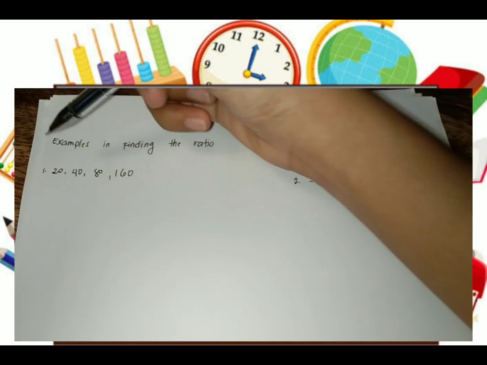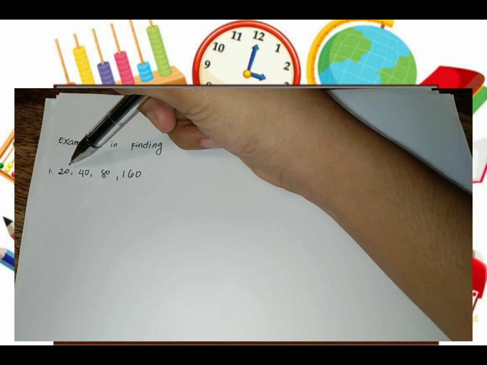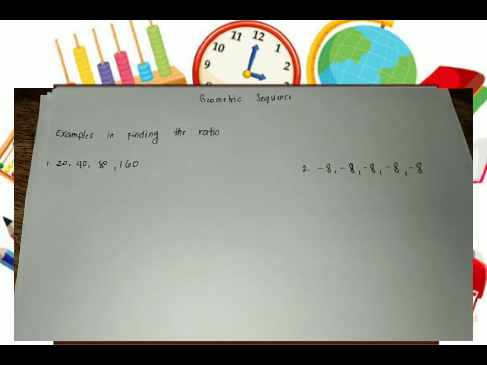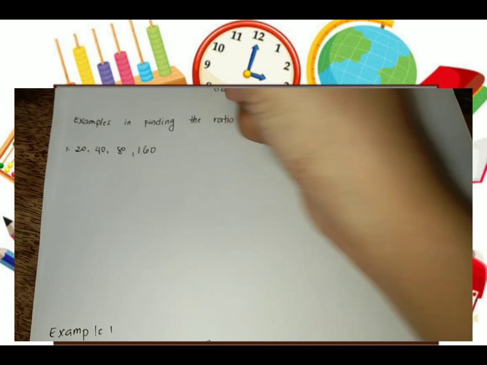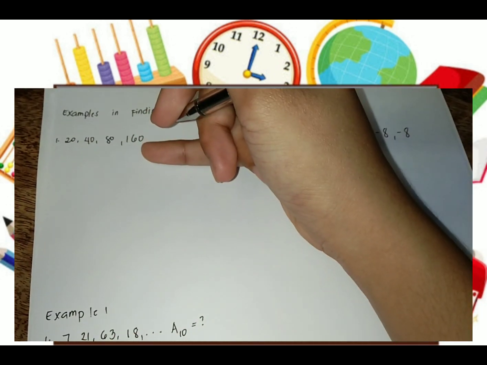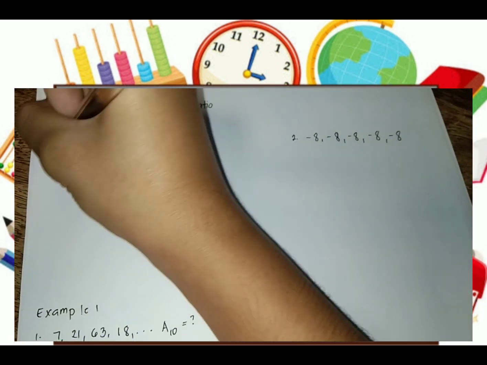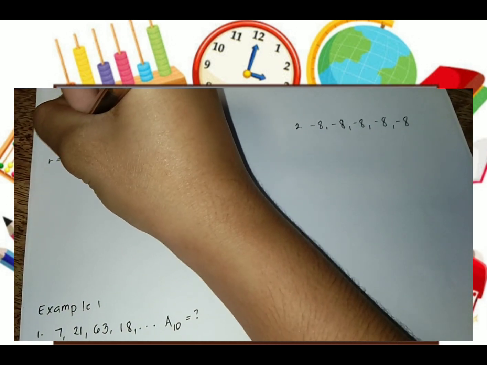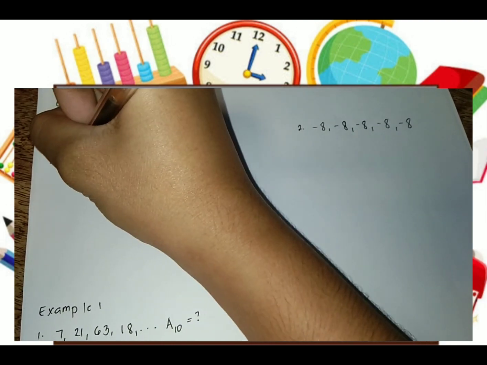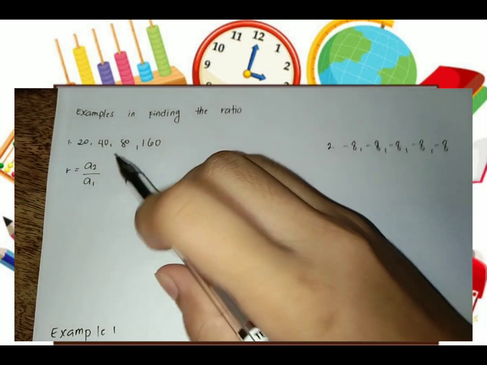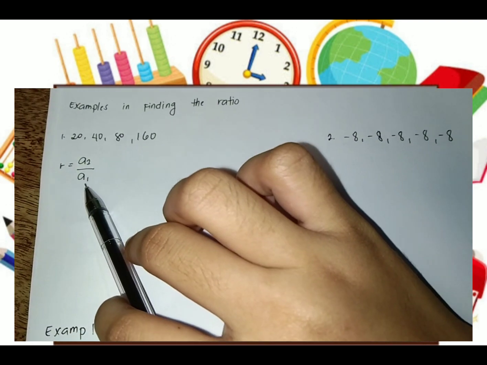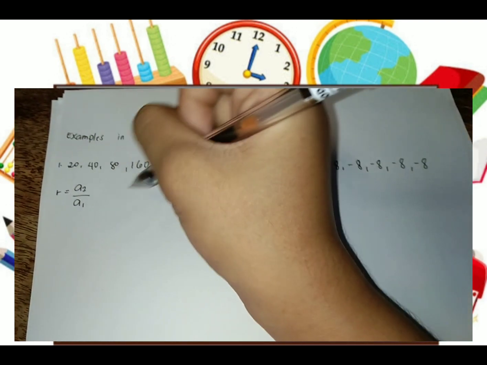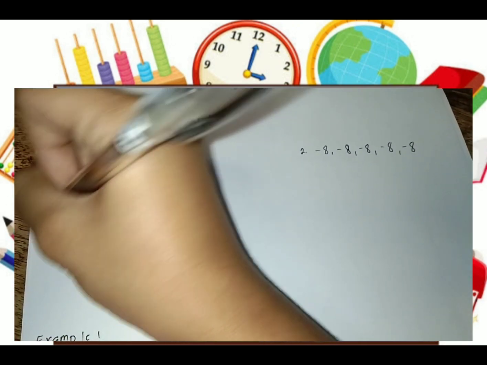Always remember, let's find first the ratio, so that it is easier to understand. The formula for finding the ratio is r equals a sub 2 divided by a sub 1. Let's try example number 1.